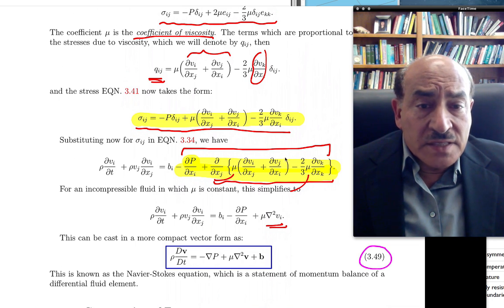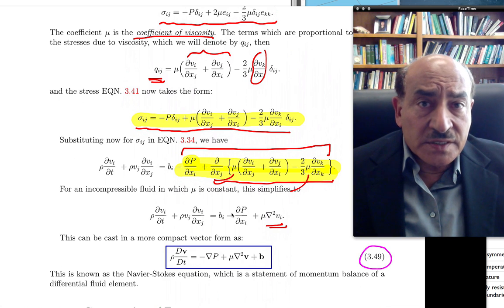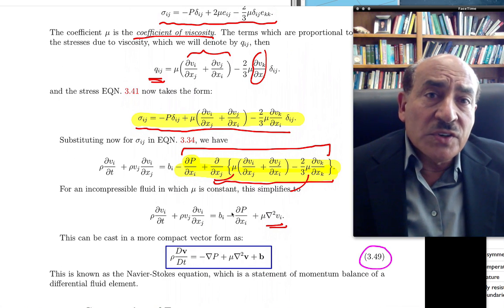Then this last term here is the divergence of the gradient, which is basically the Laplacian if the viscosity mu is constant. So we're going to start from here.